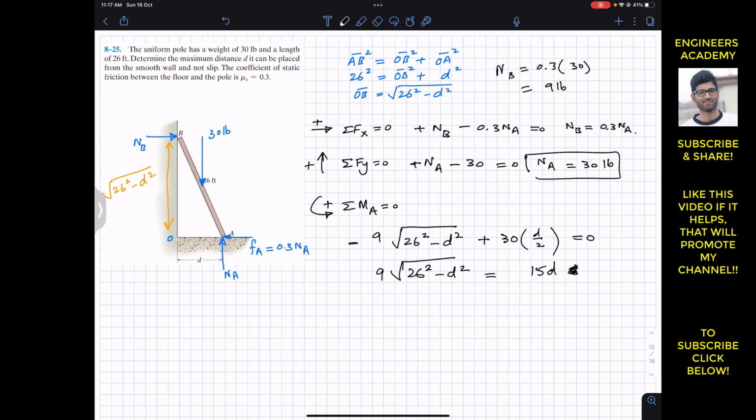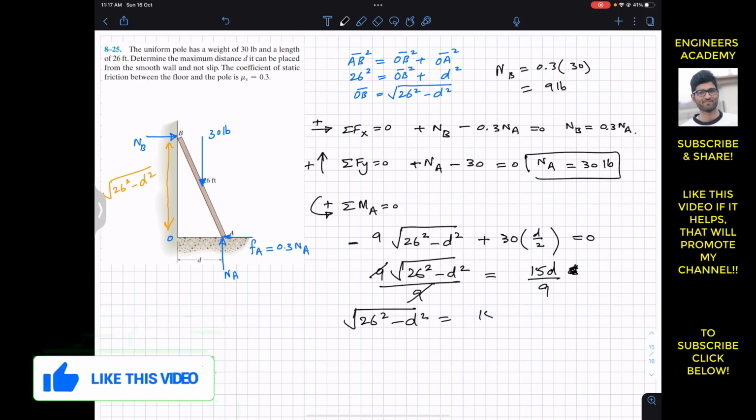And now if I divide both sides of the equation by 9, this 9 will cancel out, and we will have the square root of 26 square minus d square equals 15 divided by 9 into d.